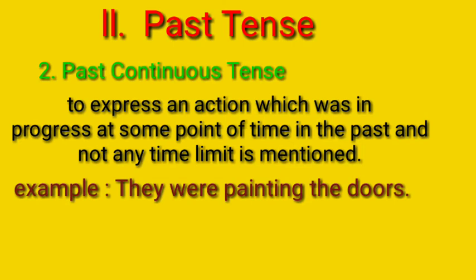Example, they were painting the doors. Here, the process of painting was continuing in the past time, and there is no time limit mentioned. This type of tense is called past continuous tense.